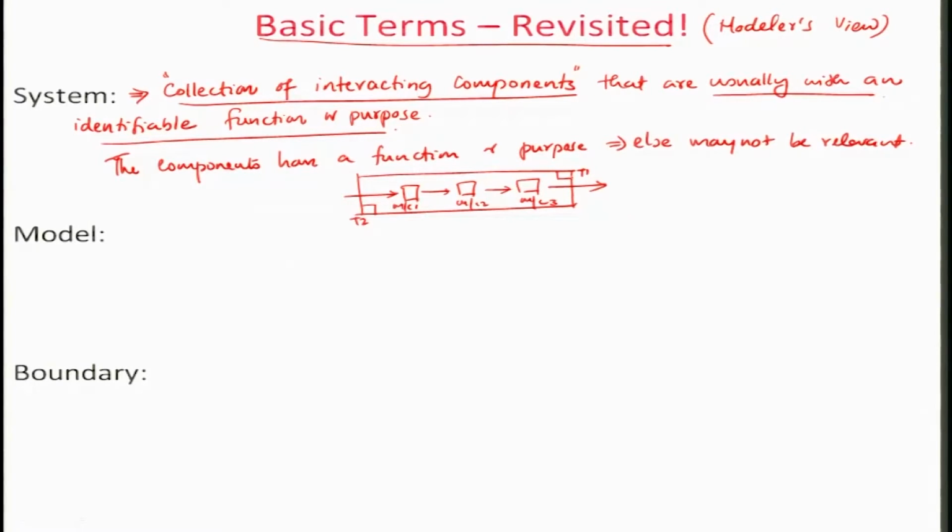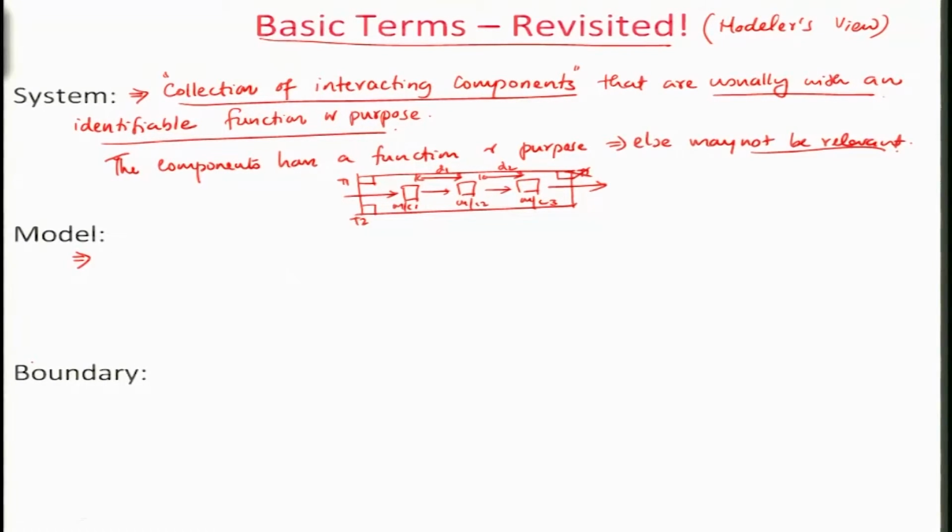Whether T1 and T2 are here or there, it does not matter where they are, because that is not part of the study. Okay. So it may not be relevant in this particular case, but these distances, D1 and D2, are all relevant to what the study is about. So the collection of interacting components that have an identifiable purpose, that is what we call a system.